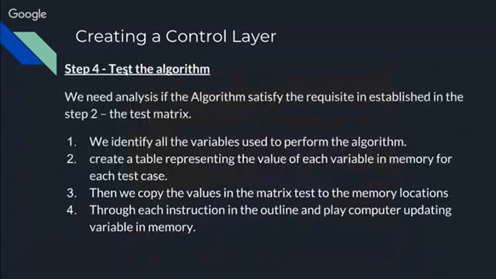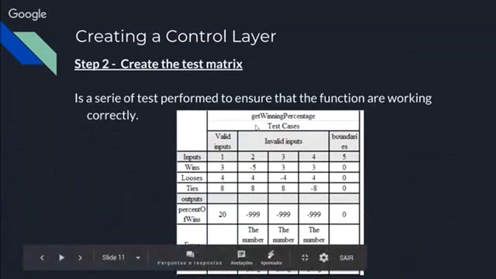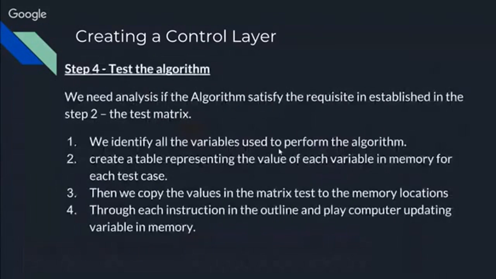Creating, testing the algorithm. The next step is that we need to test our algorithm. We can test it with the test case. We will input the values of our test matrix into our test case.